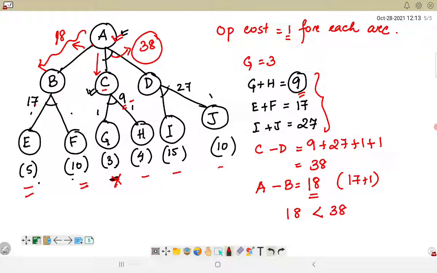And we are just getting 18 as the total cost. So we should either examine E or examine F in order to solve this problem. Examining any one of these will not be of much help because of the AND arcs which are associated with it.